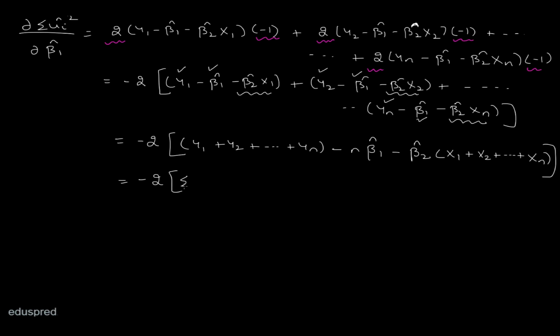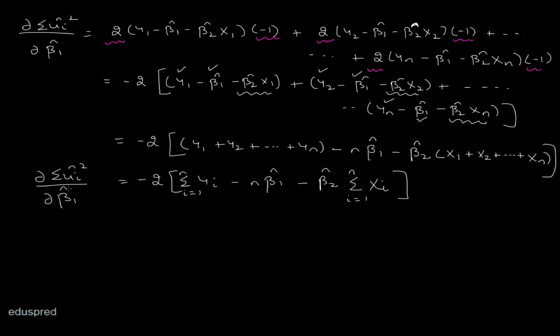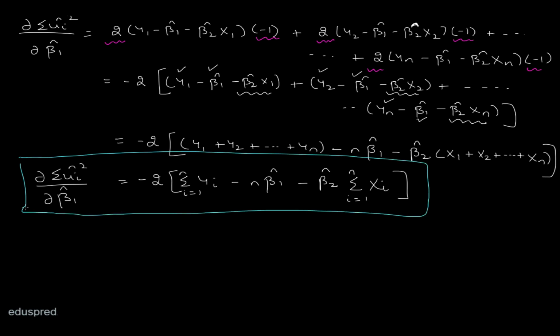This can be written as summation of yi, where i is going from 1 to n, minus n beta 1 hat minus beta 2 hat, and this can be written as summation of xi, where i is going from 1 to n, and this is the partial differentiation of summation of ui hat square with respect to beta 1 hat using the method number 1. So this is the end of step number 1 using the method number 1.